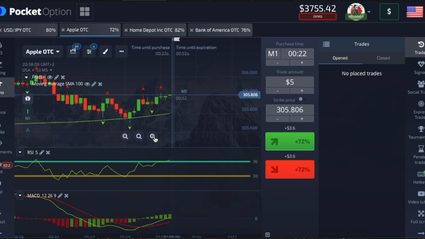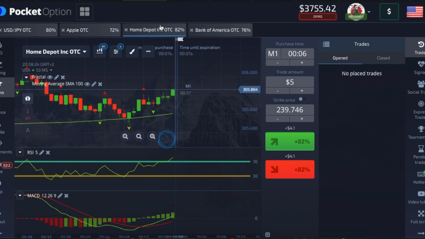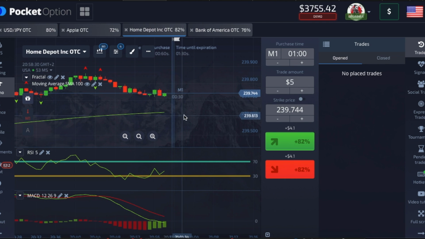So let's check out another one. Home Depot hasn't been hitting at all today like that. All right, Bank of America. Bank of America's on the up and up. So I'm gonna wait for this candle here to close out.